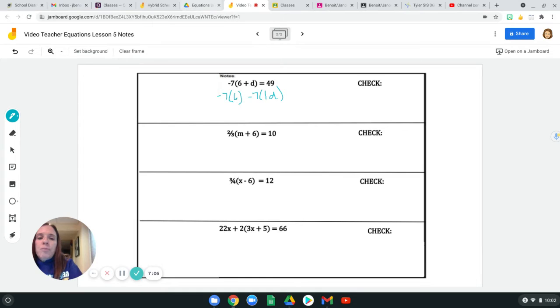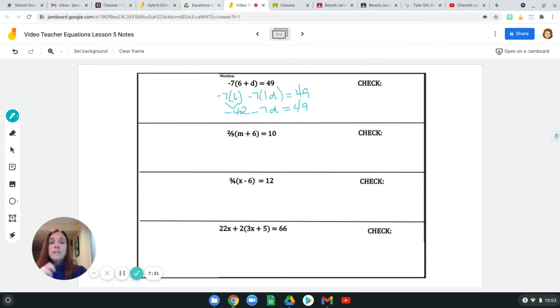Put that coefficient of 1 in there. The equal sign now separates the sides. Nothing happens to 49 yet. It was not part of that parenthesis. Negative 7 times 6 is a negative 42. Negative 7 times 1d is negative 7d. And that's equal to 49.